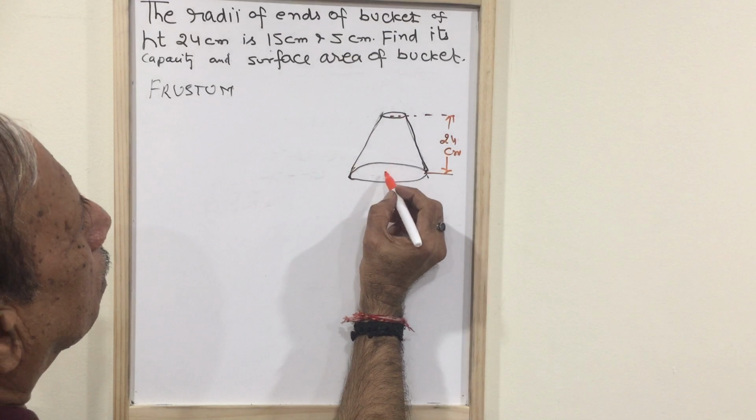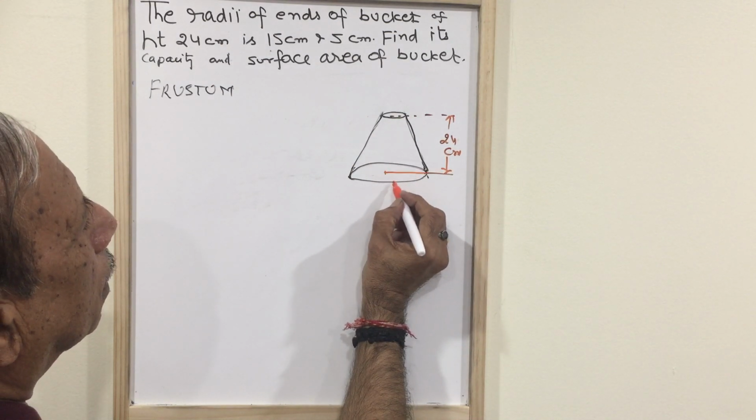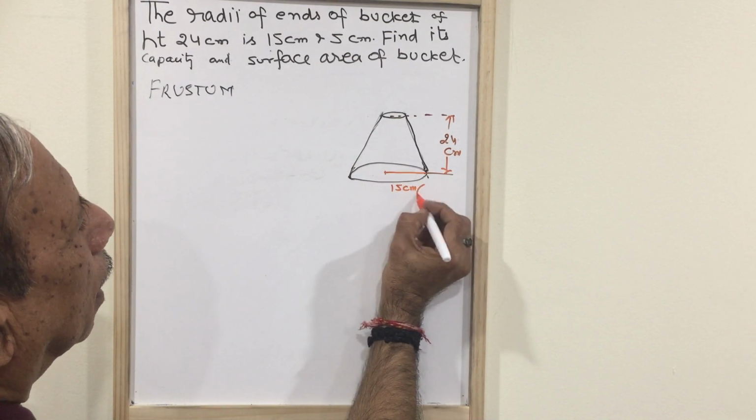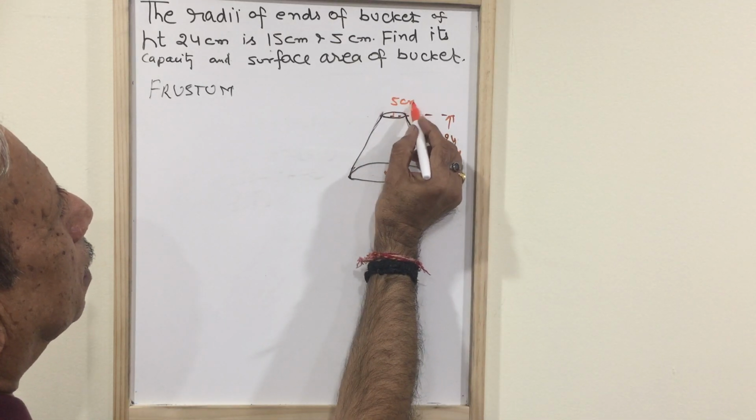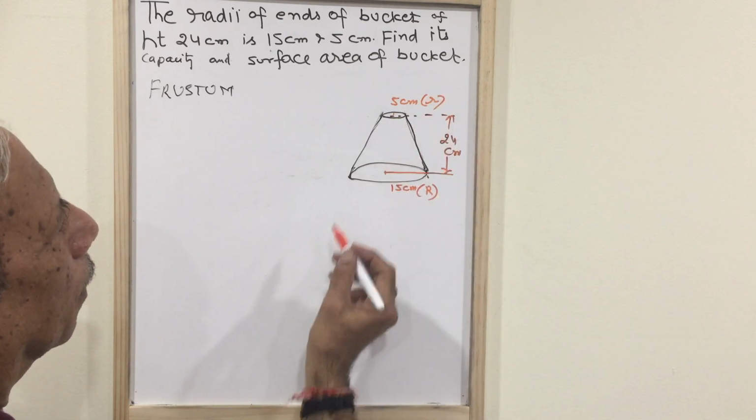This is one radius, that is 15 centimeter, I represent with a capital R. The other radius is 5 centimeter, I represent with a small r.